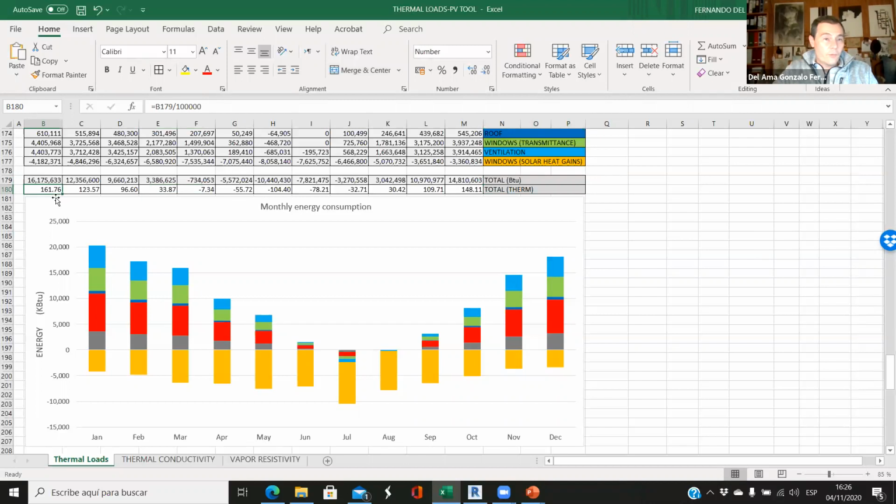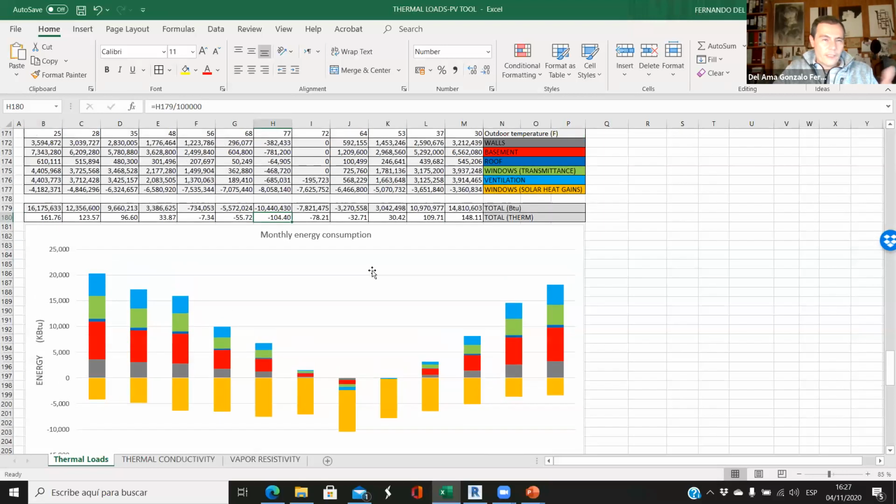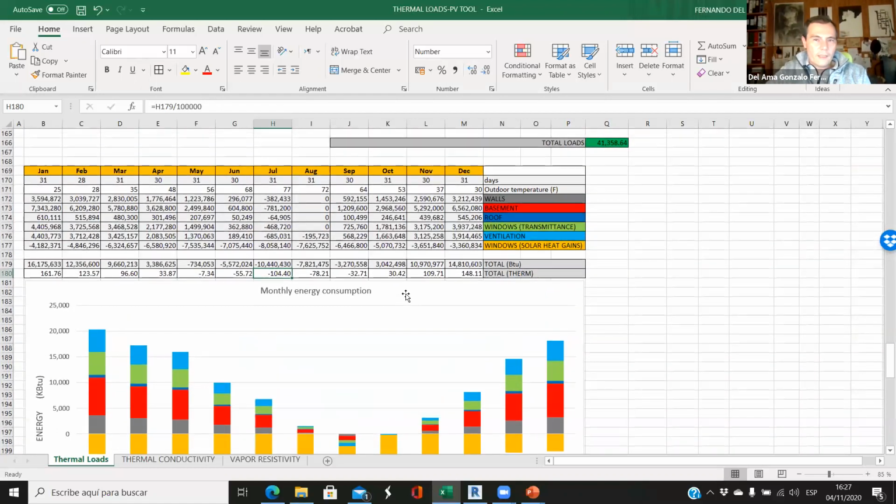So in winter, you will pay up to $160, $170. In summer, you can pay $100 for this house. It depends on the size of the house. The bigger the house, the bigger the energy bill. But with this, at least if you receive 160, it's not as scary as receiving 16 million.